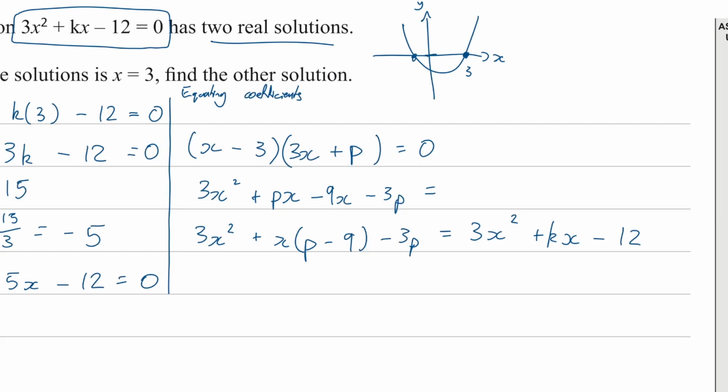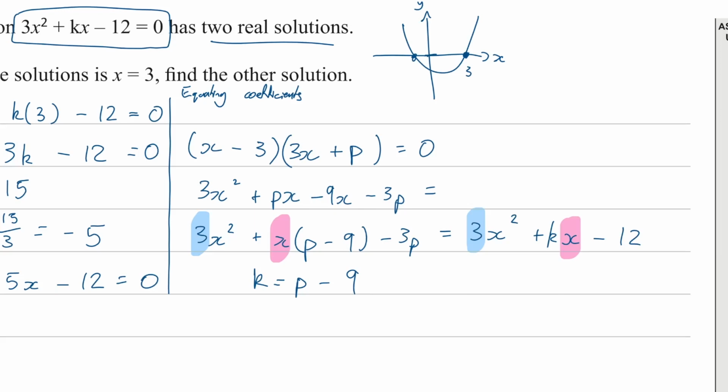All right, so now what we do is called equate coefficients. So notice 3 does equal 3. Great. So I looked at the x squared term, and 3 does equal 3. Let's look at the x term. So this says k must equal p minus 9. Right, so looking at the coefficients of the x term.